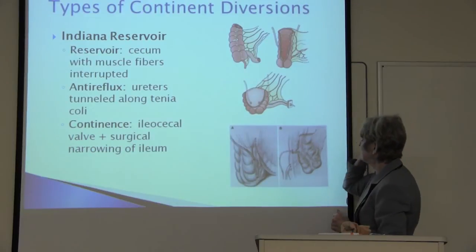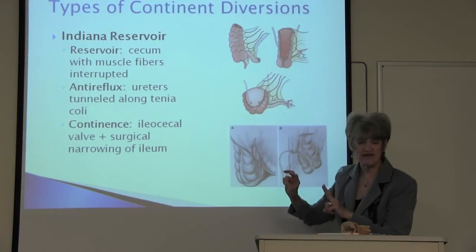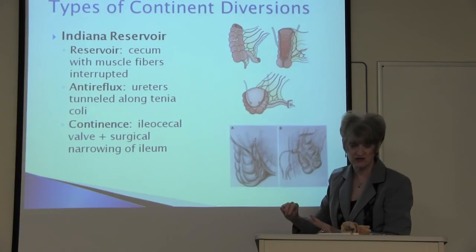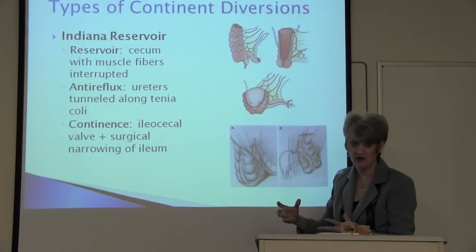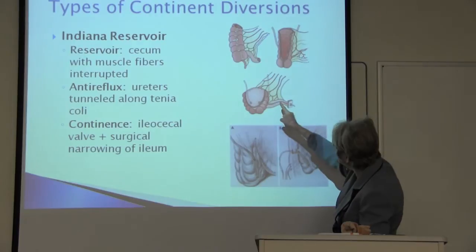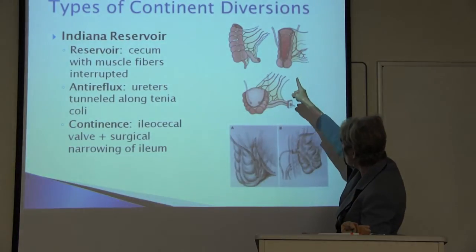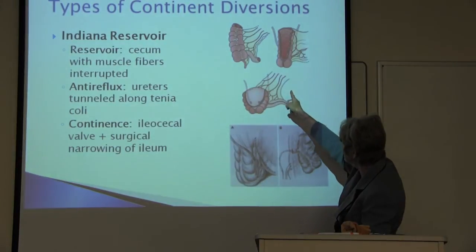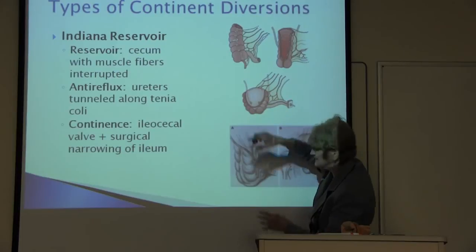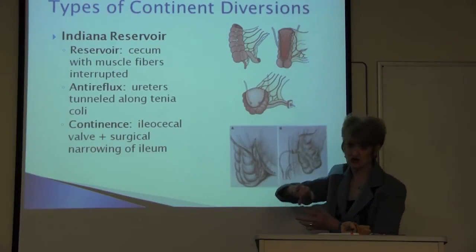Because of that, they don't use the cecum as is. They modify the cecum to turn it into a non-contractile reservoir, a passive holding area for urine. How do they do that? Well, look at the top. You start out with the cecum intact. Then you see that they open the anterior wall of the cecum, and then you see that they have folded it down so that instead of a tubular structure, you now have a pouch structure.